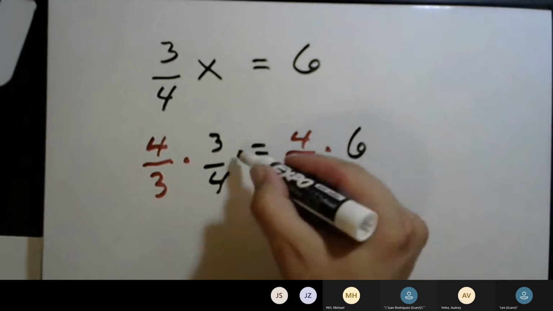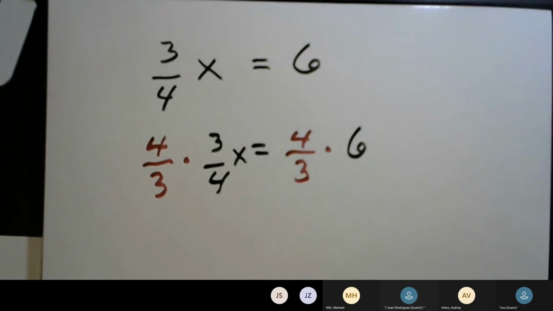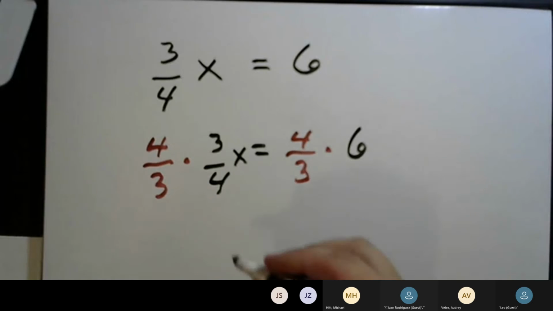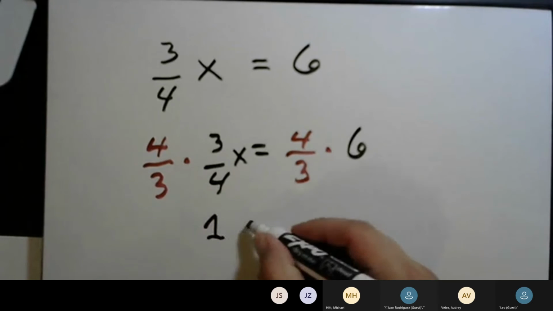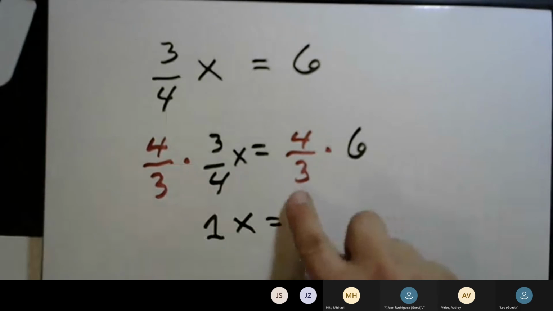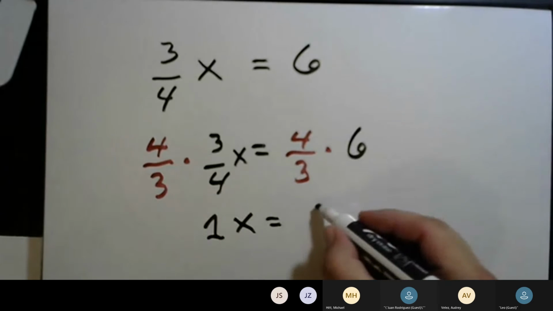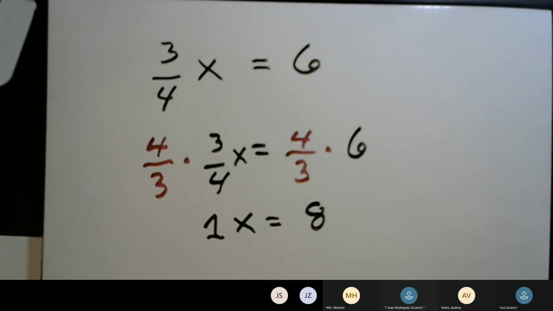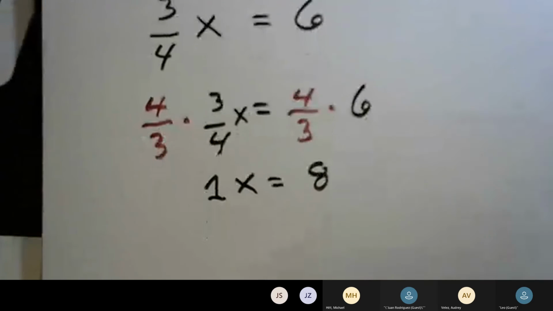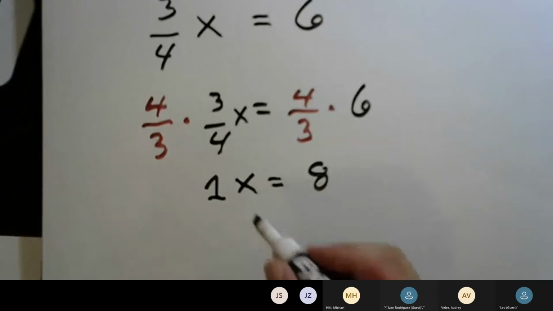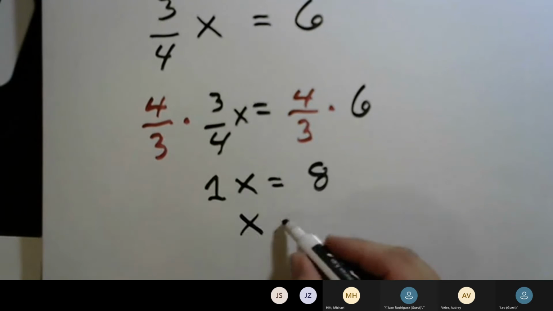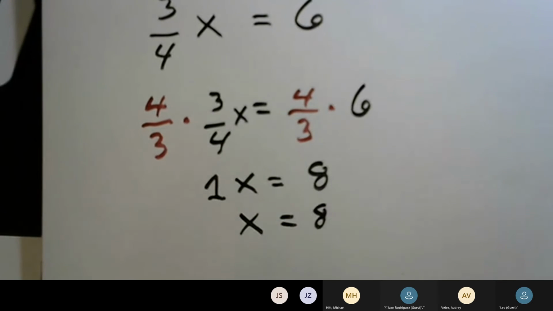Don't forget x. Well, we know if we multiply a number by its reciprocal, we get 1. And if you do the multiplication here, what you're going to get is 8. Now, here's where the power of this trick really comes through. 1 times a variable is just that variable. And so we get x equals 8.